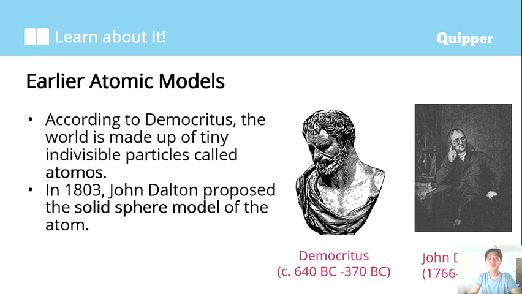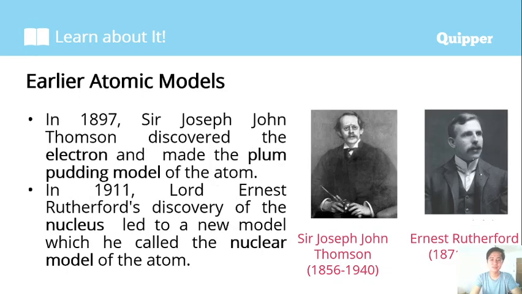In 1803, John Dalton proposed the first model of the atom, which he called the solid sphere model, or others called it the billiard ball model. Because of the experiments conducted, the different parts of an atom were also discovered.